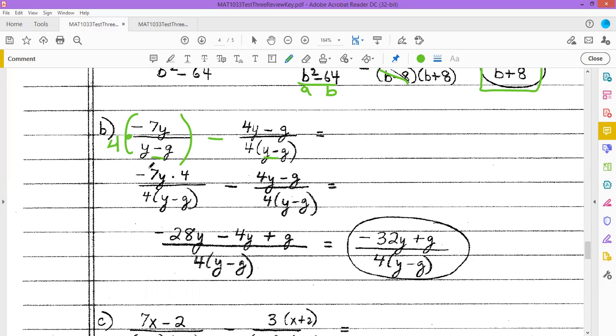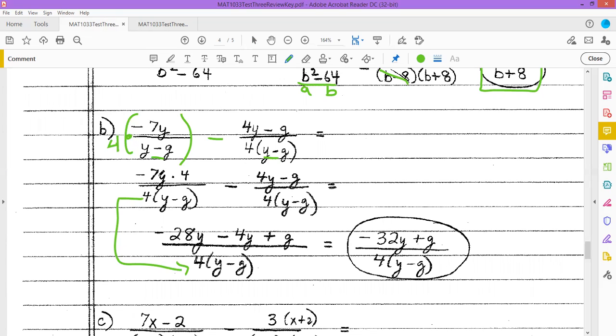So we have in our numerator -7y times 4, and in the denominator y minus 8 times 4. Minus, we carry down our second term to remain the same. Now, at this point, we see our denominators are the same, so we would keep the denominator the same and combine the terms in the numerator.